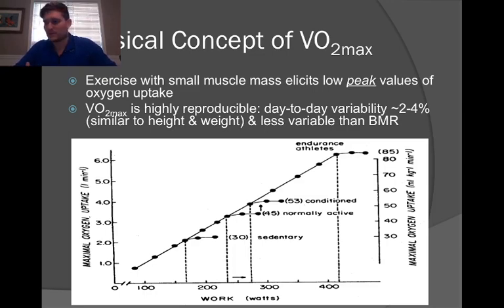And so if you want to see how adept someone is at endurance aerobic activity, you're typically going to conduct a VO2 max test. And so the classical concept of VO2 max is that exercise with small muscle masses elicits low peak values of oxygen uptake, right?